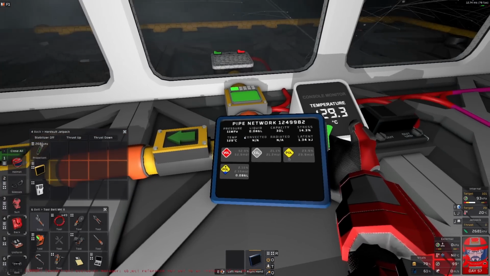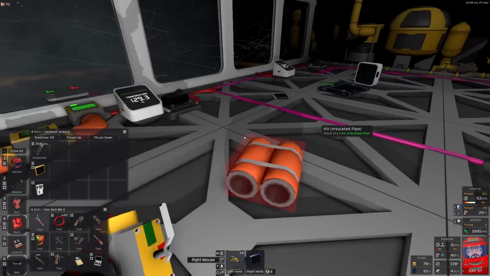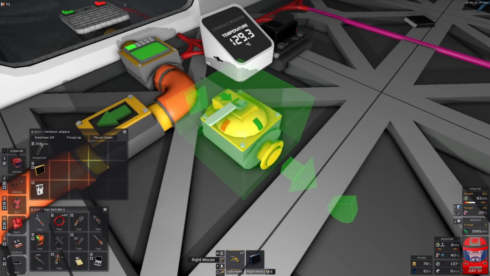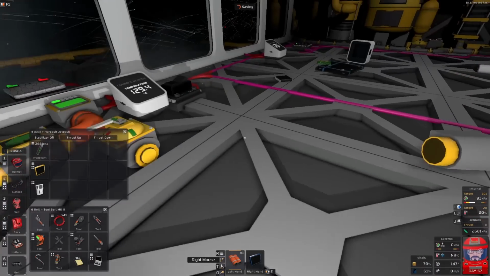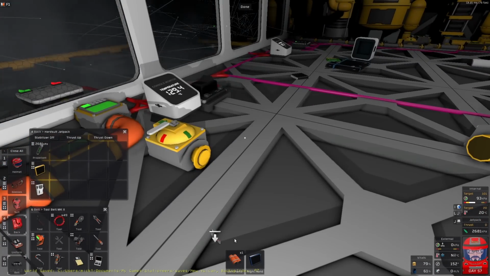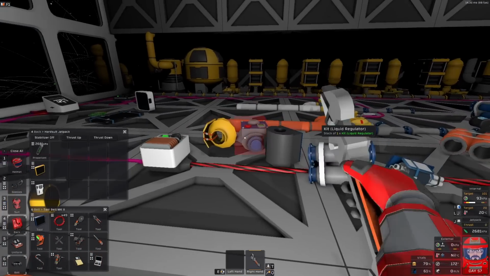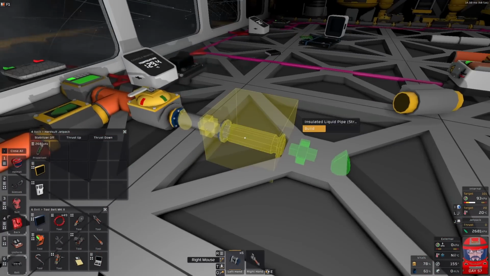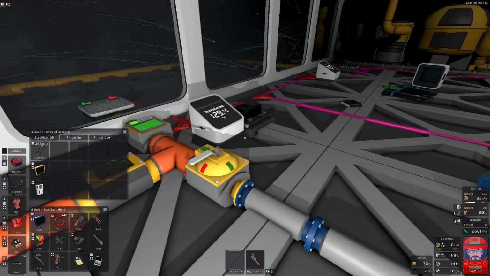Now we want to get rid of the heat, so let's just take the liquid from the first stage there. So I shall need a drain valve, which will be you. And I shall need a pipe in there, which will be you. And I shall need some liquid pipes as well, which you'll do. Right.